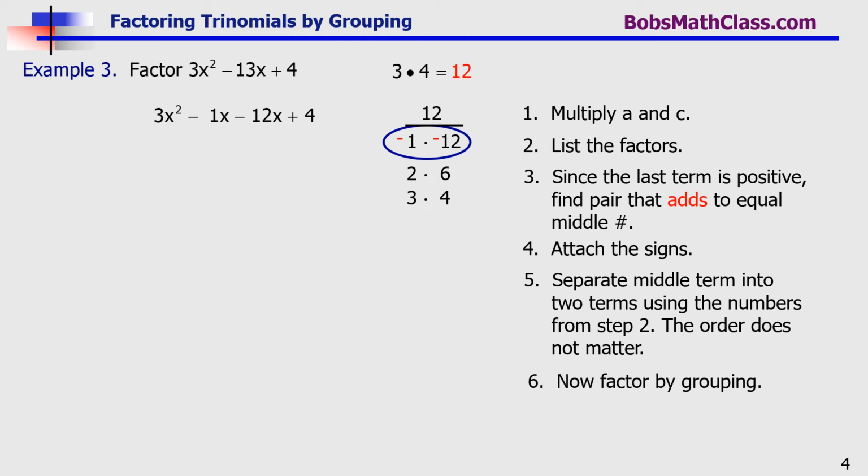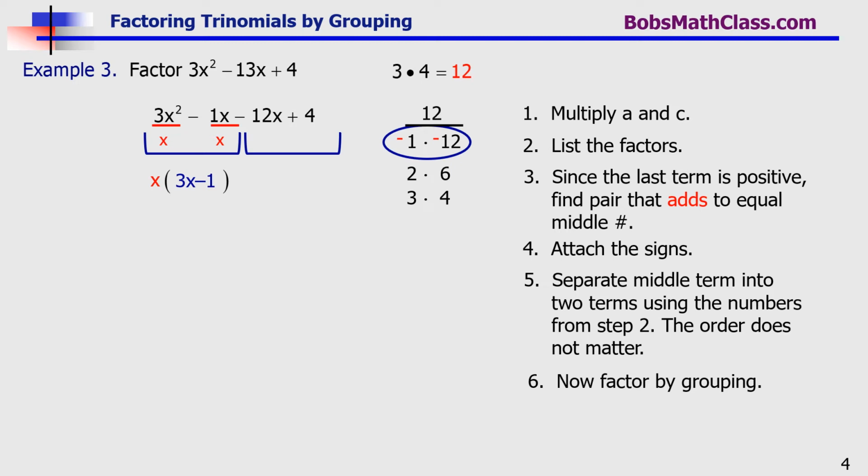All right, now we can factor by grouping. What's the GCF for the first pair? That'll be x. And then what's the GCF for the second pair?